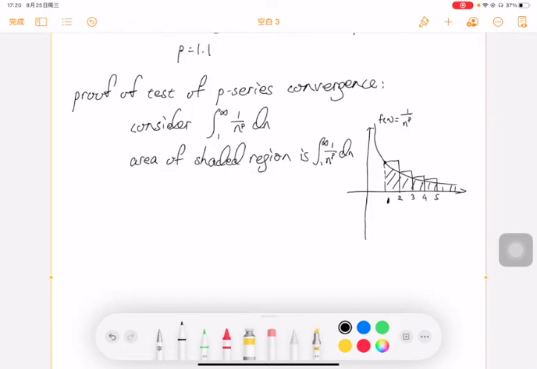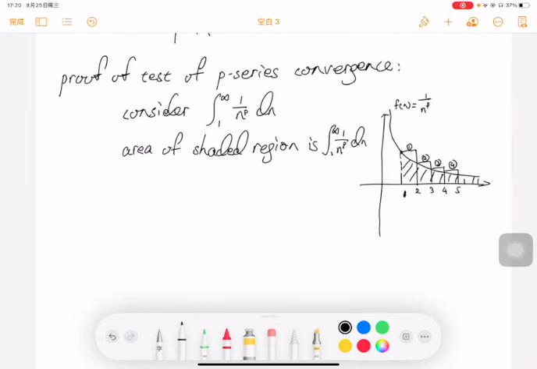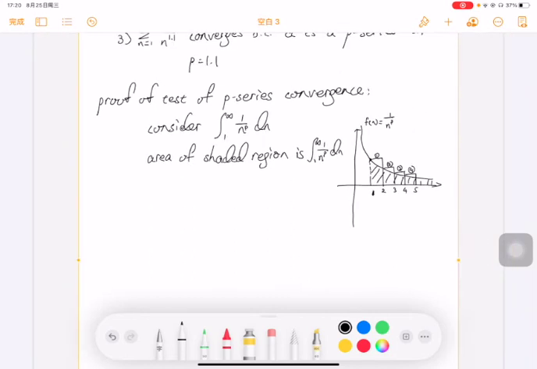Because if you look at the first rectangle, let's call that rectangle 1, rectangle 2, rectangle 3, rectangle 4. Area of rectangle 1 is, now the base of the rectangle has length 1, so it's just 1, multiplied by the height of the rectangle, which is f of 1, which is 1 over 1 to the p, which is 1.